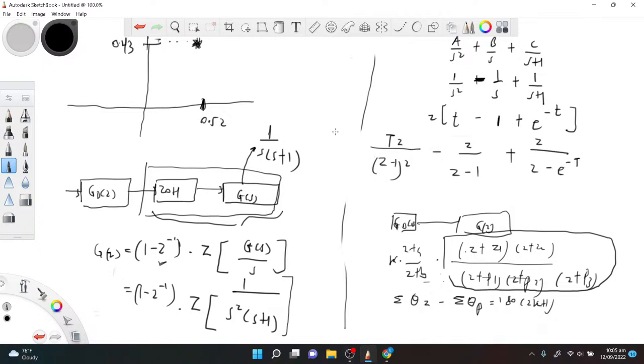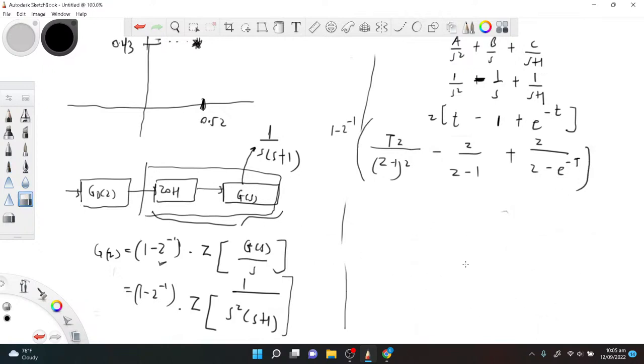Then now we say multiply it by 1 minus z to the negative 1, so multiply everything here. This is the same as having z minus 1 over z. So you multiply through.